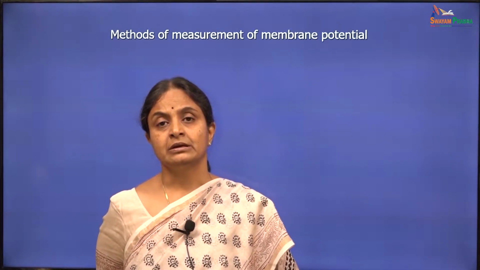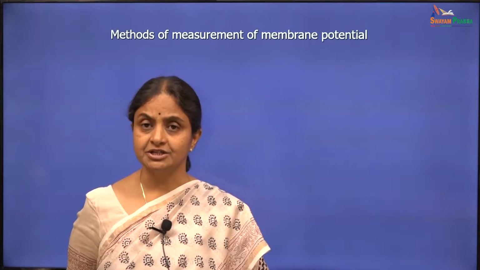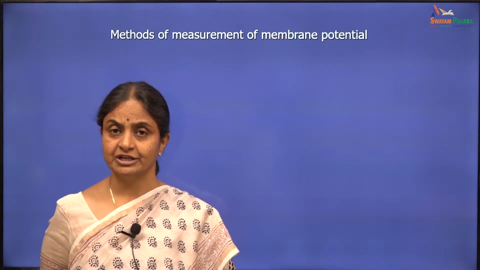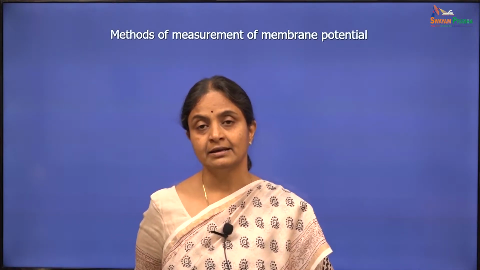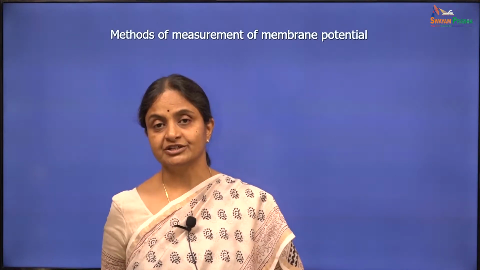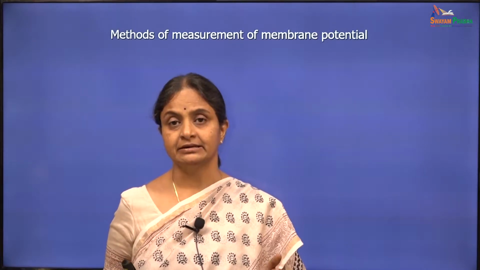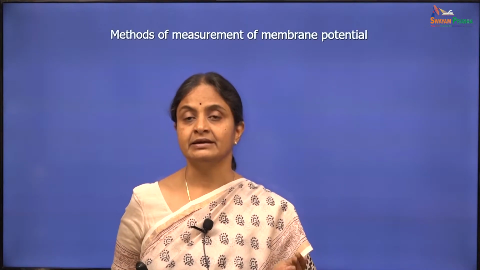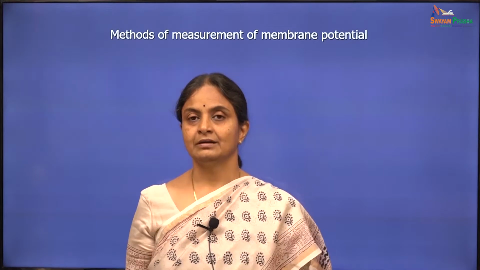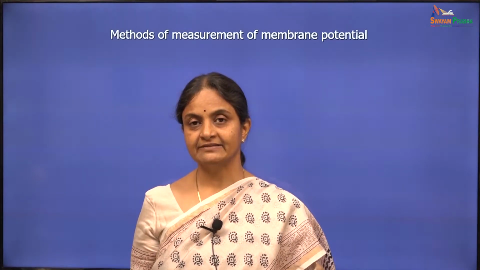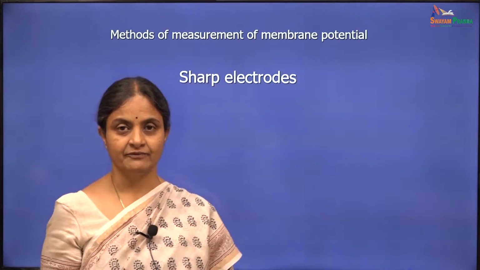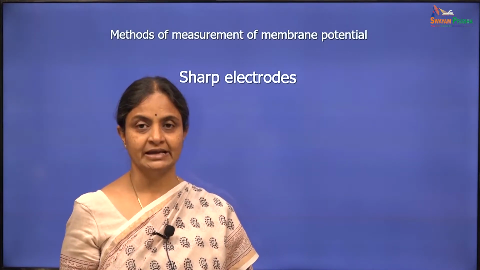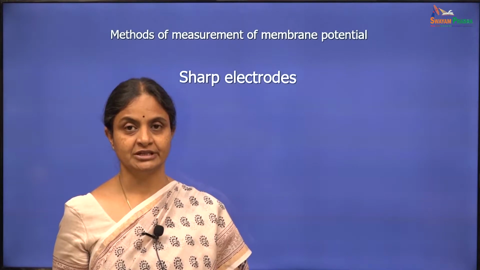However, the conventional and the traditional method of measuring membrane potentials is to actually place an electrode within the cell and measure the potential difference across that intracellular electrode and an external reference electrode. The intracellular electrodes themselves can be of two types, what are called sharp electrodes. These are very thin electrodes with a very high resistance. We will not talk about it any further.